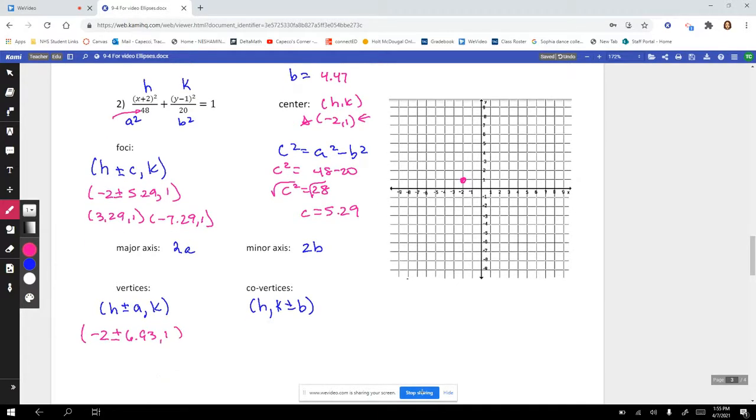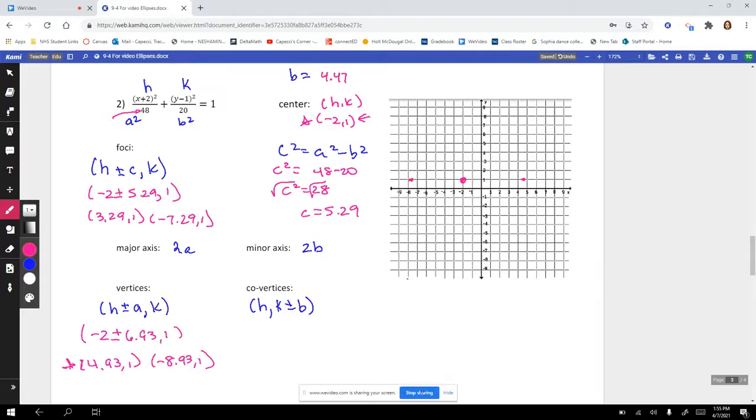So that ends up being, again, this is what I'm going to plot, 4.93, 1, and -8.93, 1. So let's do that now. 4.93 and 1, so almost at 5. And the same thing, -8.93, almost at 9.